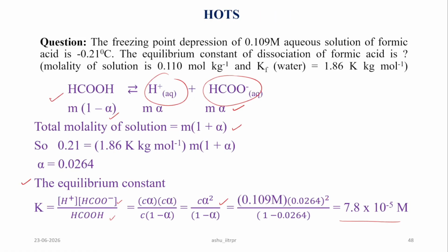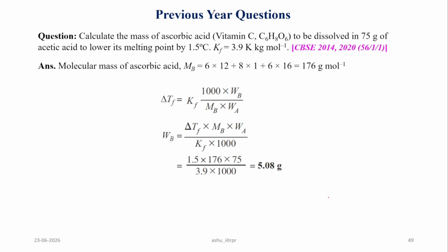This question is also very important, and it has been asked in CBSE 2014 and 2020. Calculate the mass of ascorbic acid, vitamin C, the common name being vitamin C, to be dissolved in 75 gram of acetic acid to lower its melting point by 1.5 degrees Celsius.